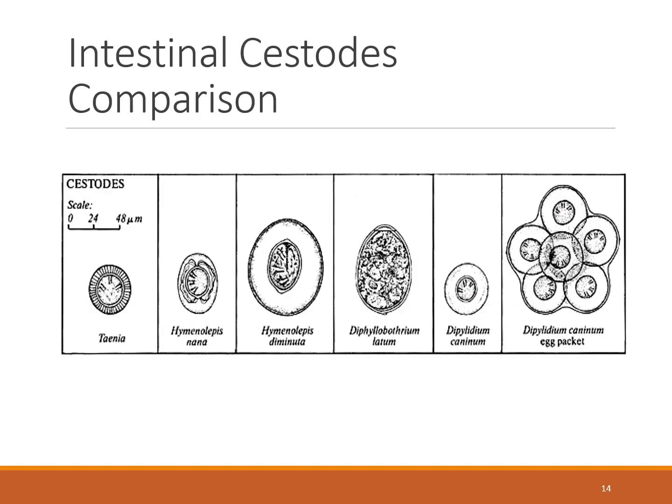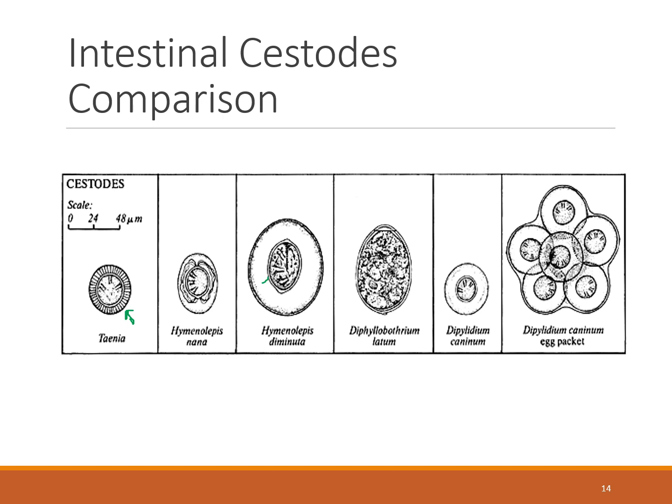So here's just a comparison of the eggs, which helps differentiate them, just kind of a side-by-side view. With your Taenia, you're looking at that thick wall with those hooklets in the center. Your Hymenolepis is going to be differentiated, again, based on that cell wall.